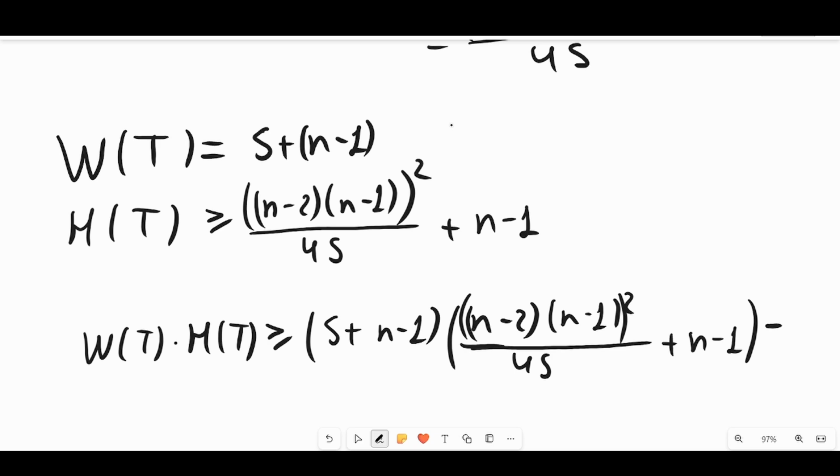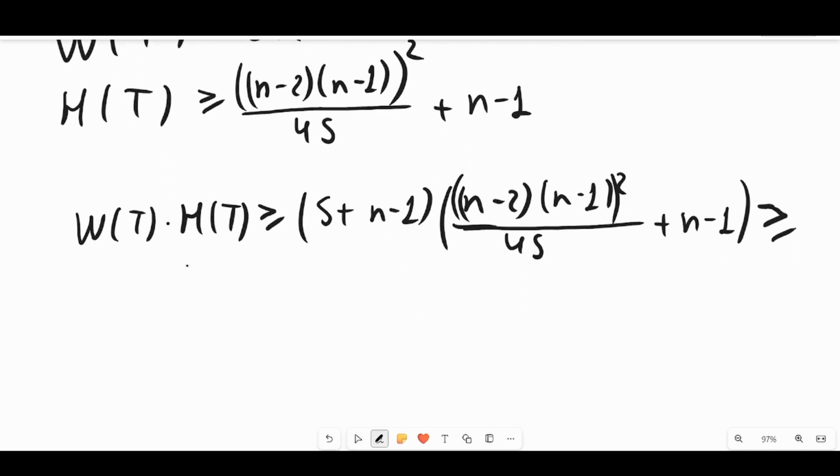And what we can see from here is that, if we write instead of S, (n minus 2) times (n minus 1), this number, we can see that this function is increasing in S. As S increases, this product will also increase. So the minimum is attained when S equals (n minus 2) times (n minus 1).